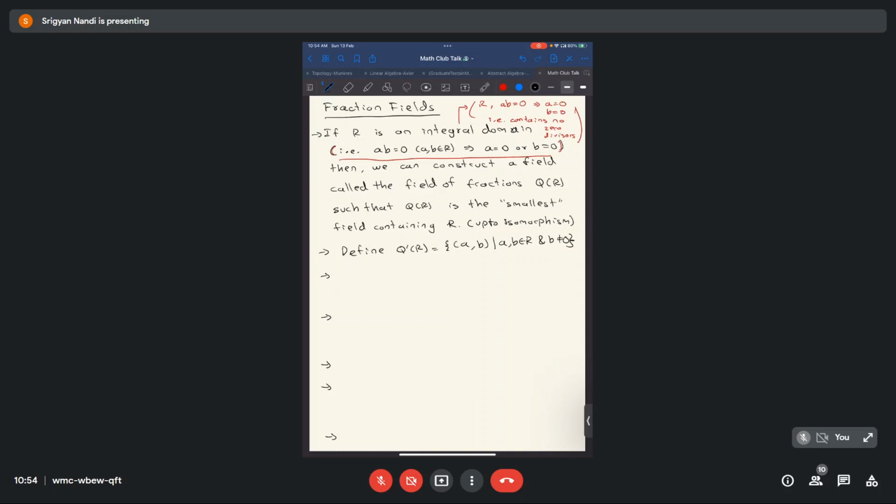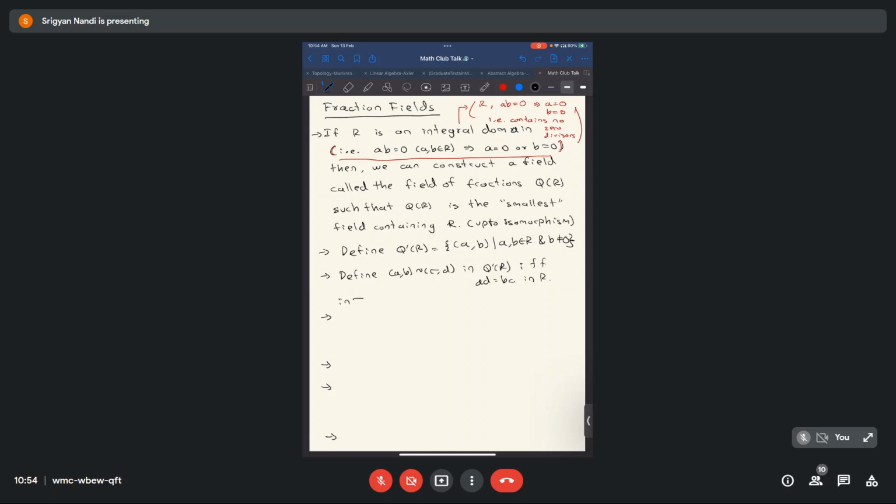So we define an equivalence relation tilde on this Q dash of R. We define (A, B) to be related to (C, D) in Q dash of R if and only if AD equals BC in R. This again is natural, since just by defining ordered pairs we cannot have distinct fractions.